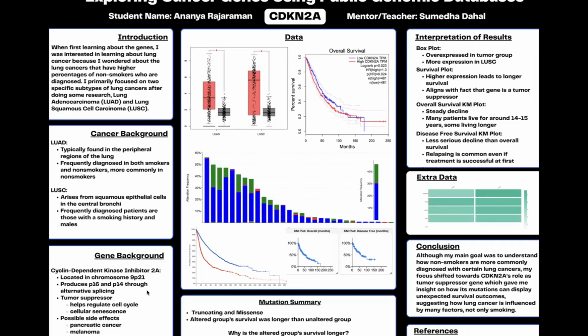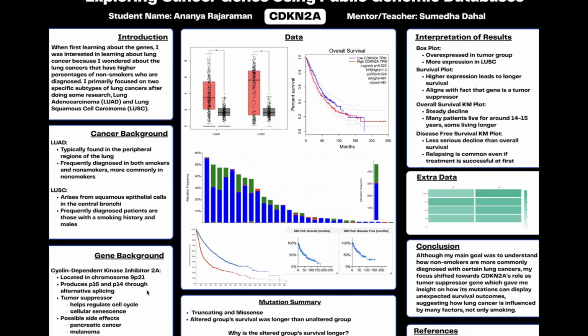The P16 protein acts like a brake, so it stops proteins from advancing into something called the S phase, which is basically the phase where DNA is copied. And by blocking these proteins, P16 is able to stop the cells from dividing further.